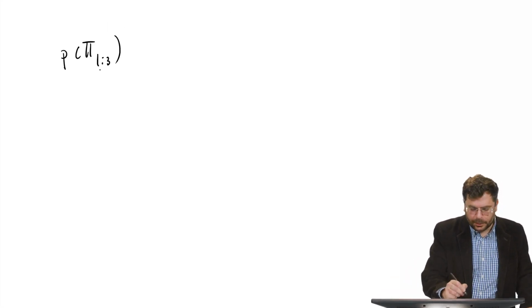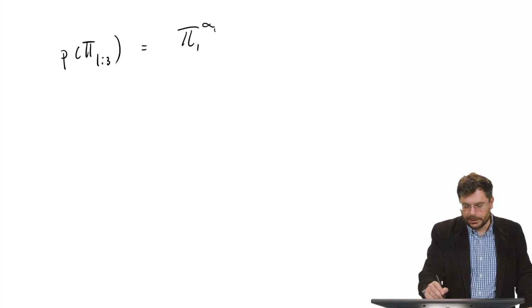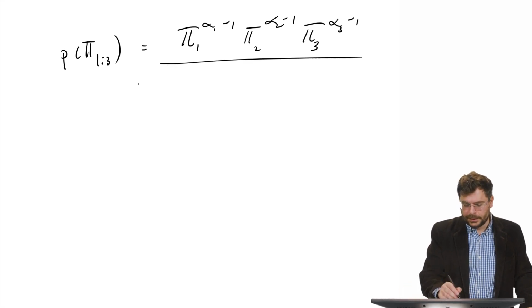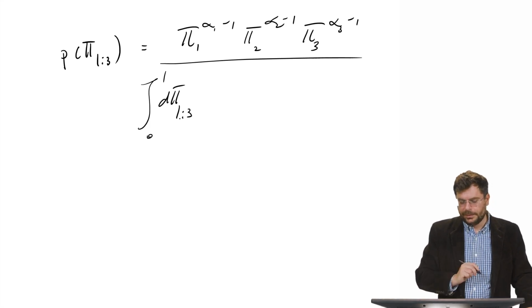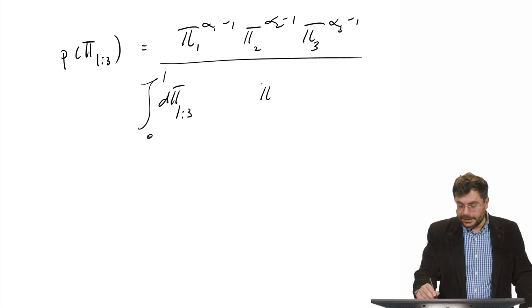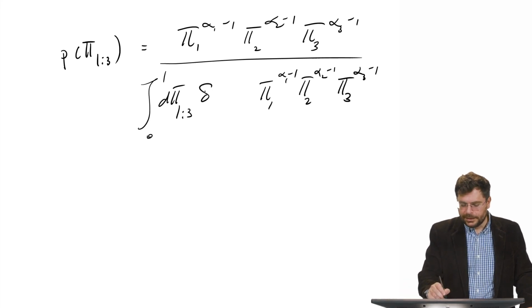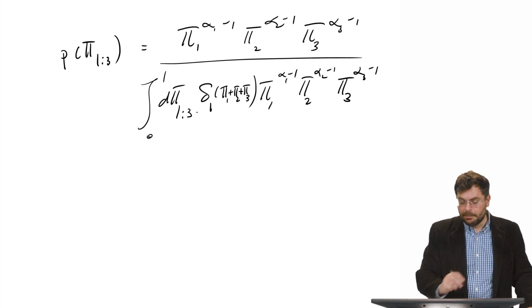So P of pi 1 to 3, we said, is equal to pi 1 to the alpha 1 minus 1, pi 2 to the alpha 2 minus 1, pi 3 to the alpha 3 minus 1, divided by the integral from 0 to 1 of d pi 1 to 3. Then I have the stuff in the numerator, which I can write down. And then there's an interesting condition. I know that the sum of the pi's, pi 1 plus pi 2 plus pi 3, must be equal to 1.